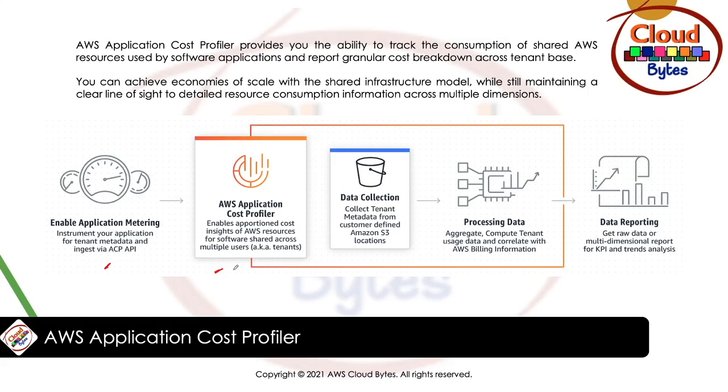Organizations who run applications that are shared between different teams can use this to define an internal proportionate cost allocation model based on the usage. So suppose you are sharing a service at an organization level, you can use this to identify which group, which department is using what percentage of this shared service.